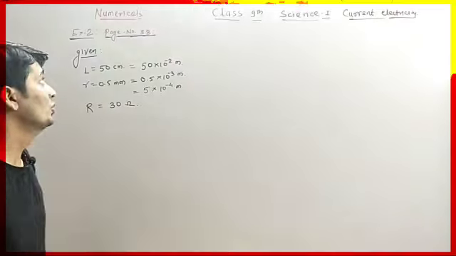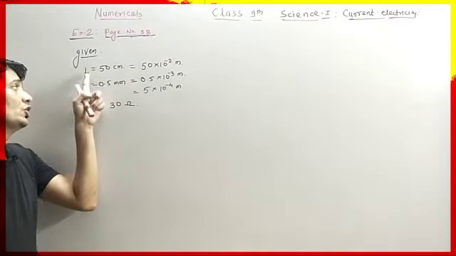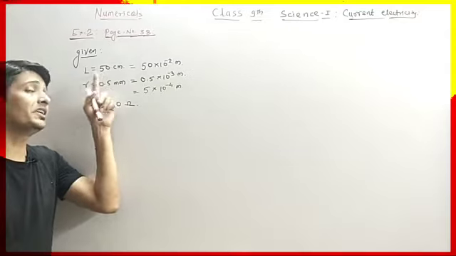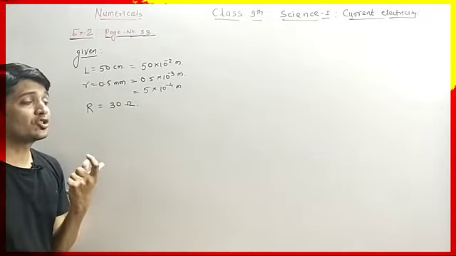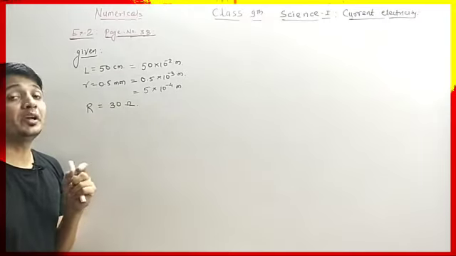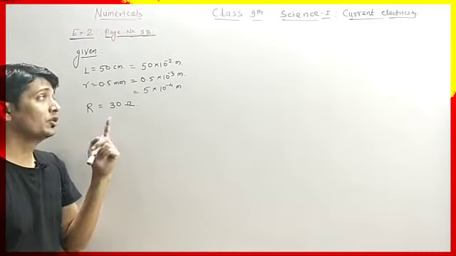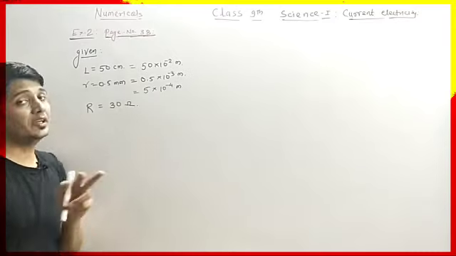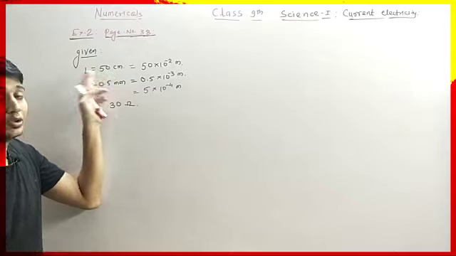According to the question, the length of the wire is given as 50 centimeter. For solving the question we have to use the unit in meter, so we have to convert this centimeter into meter. For converting centimeter into meter, we divide this 50 by 100. So 100 is what?